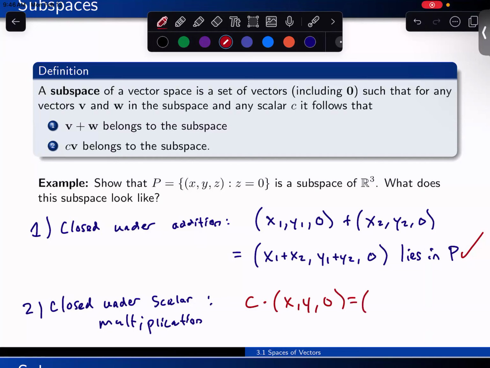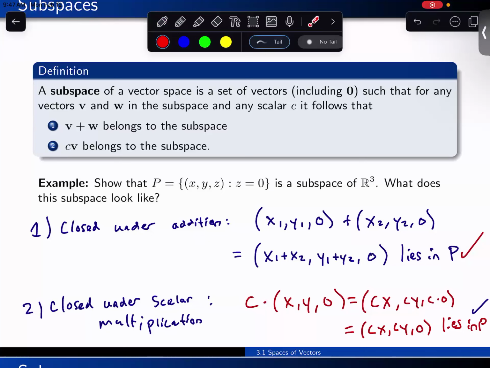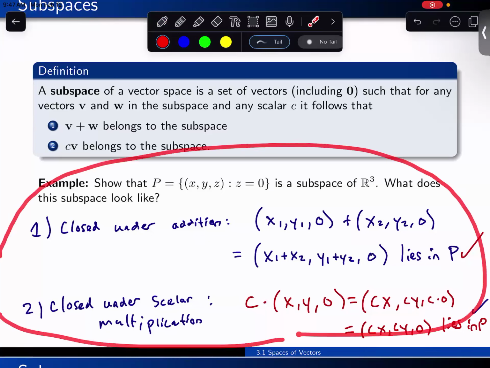This is equal to cx in the first component, cy in the second component, and c times 0 in the third component. This is just equal to cx, cy, 0, and you can see it lies in P again. So this is an easier example, but I just wanted to illustrate what's going on with showing something is a subspace. Okay, any questions about this example?